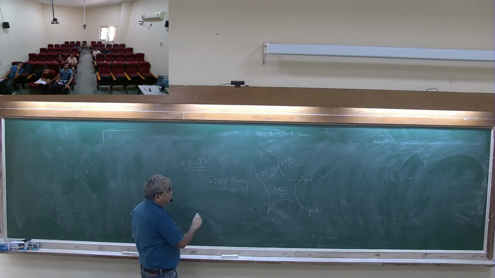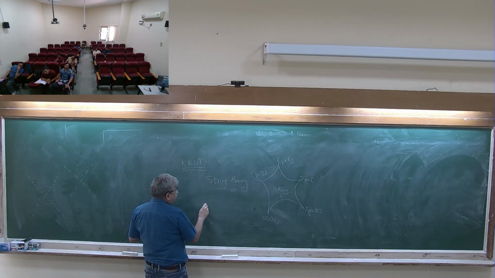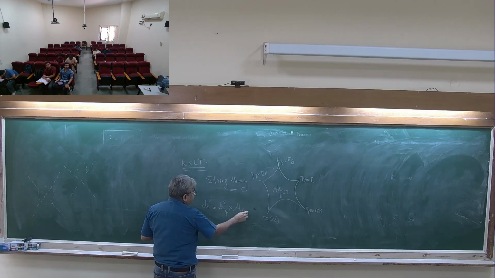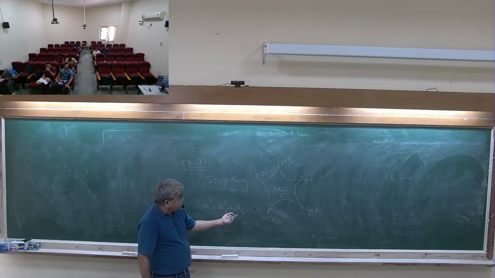So you can write the space as ds squared equals ds squared in 4 dimensions times M6, where M6 is the compact dimension.